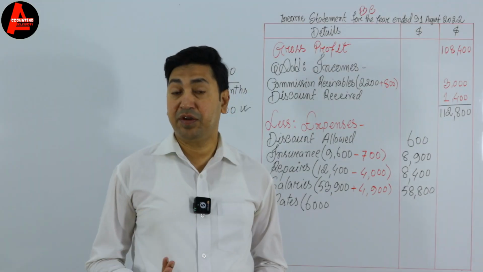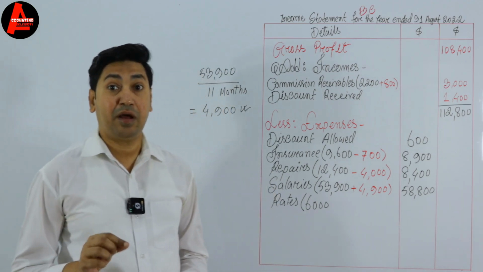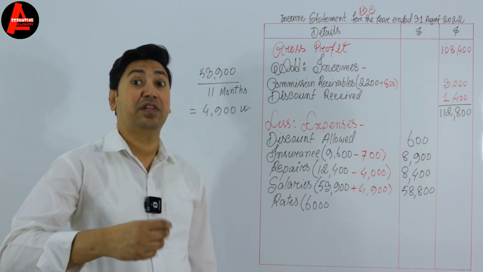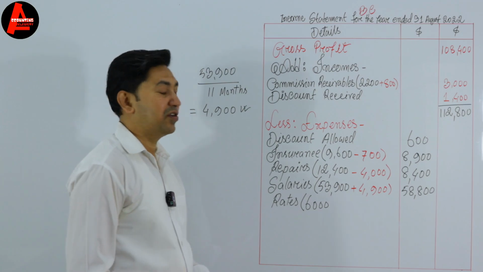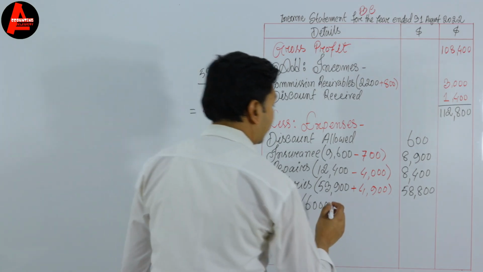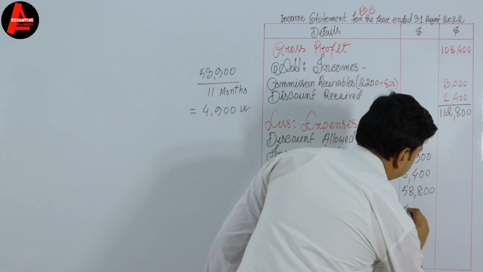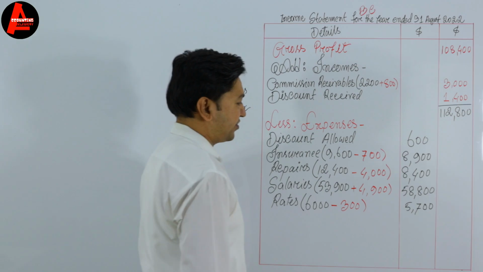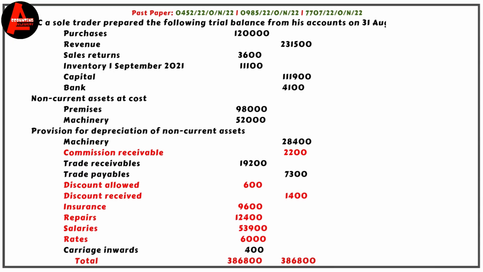So advance and prepaid we always subtract. Why? Because this amount is not related to this financial period. It is for the next financial period. So we will minus this amount. So let us subtract $300. We get $5,700 after subtraction.